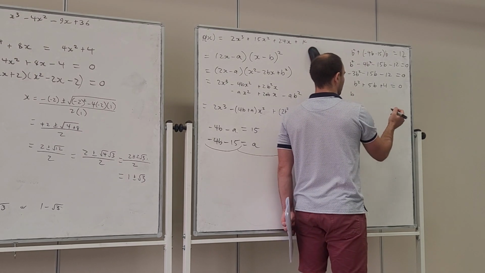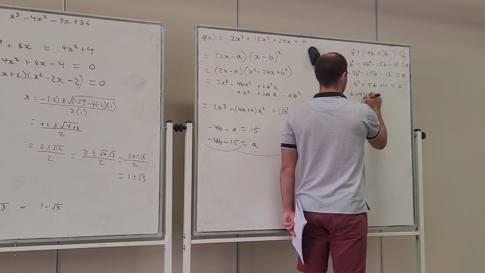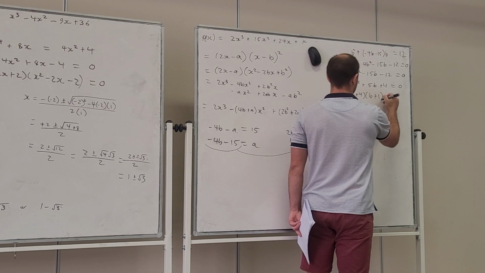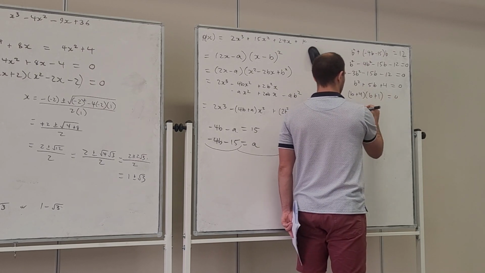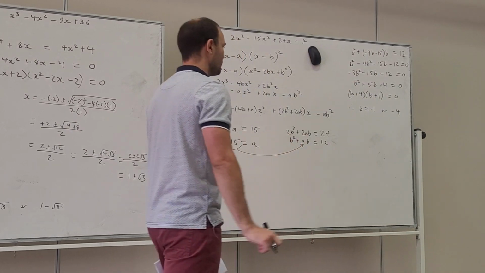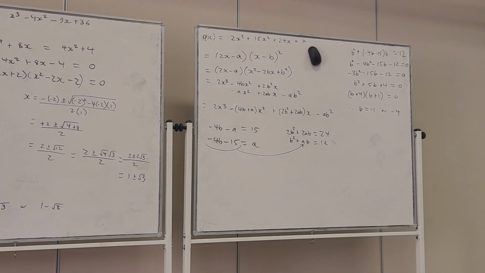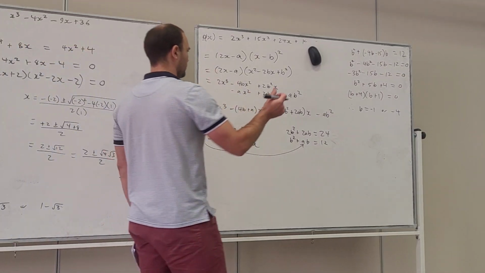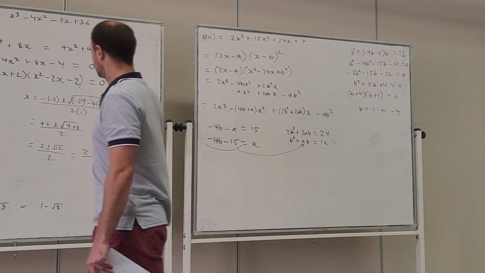So we'll have b plus 4 times b plus 1. So we've got two values for b, okay? And so we're going to need to investigate both of those circumstances. Let's come back over here.